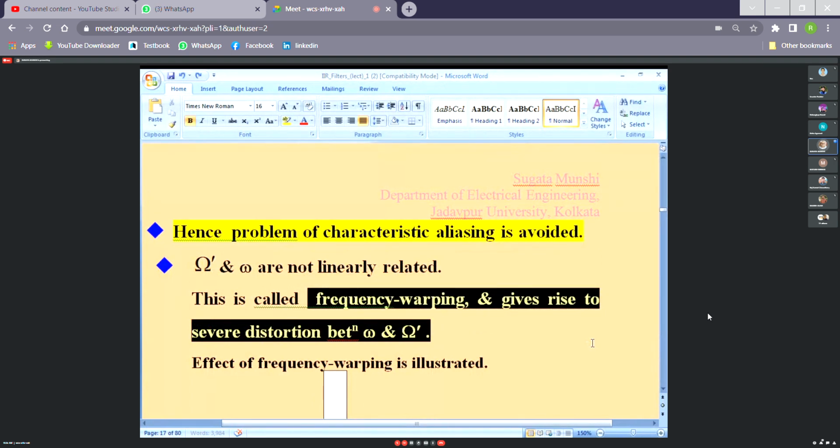With a simple example, in the next part, I have tried to illustrate the effect of frequency warping.